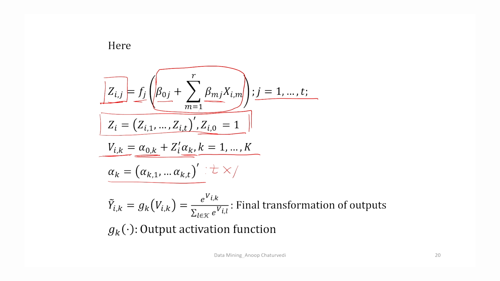Then we take y_ik curl equal to g_k(v_ik), which is equal to e to the power v_ik upon the summation over l belonging to K of e to the power v_il. This is the final transformation of outputs, and g_k is the output activation function.